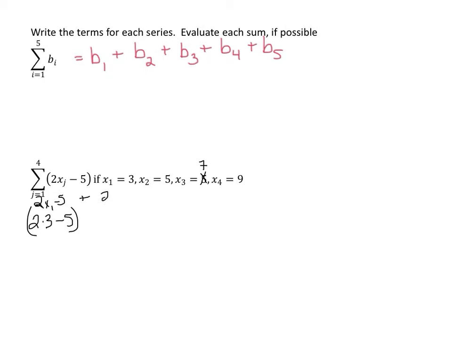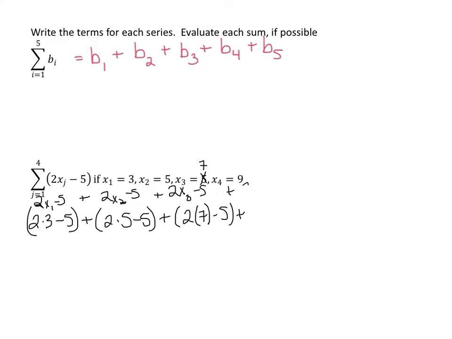Then we have 2 x sub 2 minus 5. Then we have 2 x sub 3 minus 5. And then we have 2 x sub 4 minus 5.